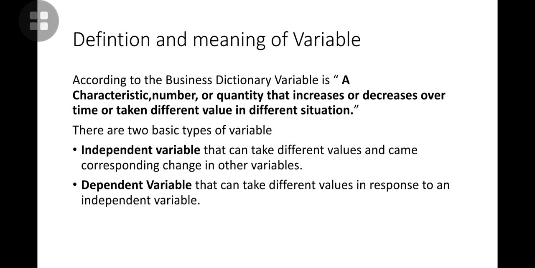Now I discuss variables. According to the Business Dictionary, a variable is a characteristic, number or quantity that increases or decreases over time or takes different values in different situations.